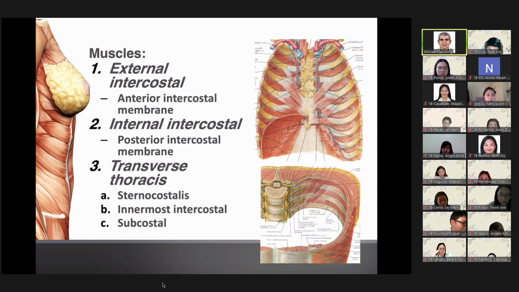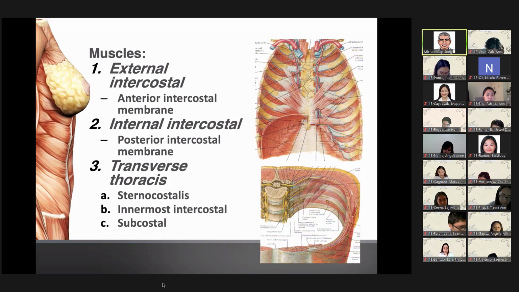It elevates the rib during inspiration. So it elevates the rib during inspiration, and what does it do? It actually increases the area for exchange of gases, and it increases the surface area of the chest.